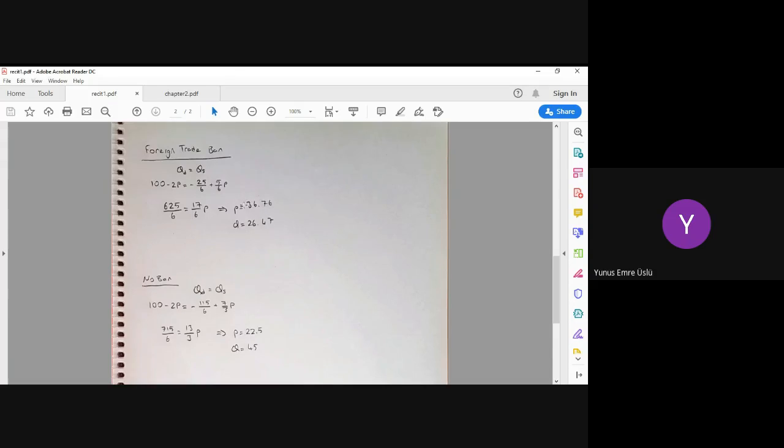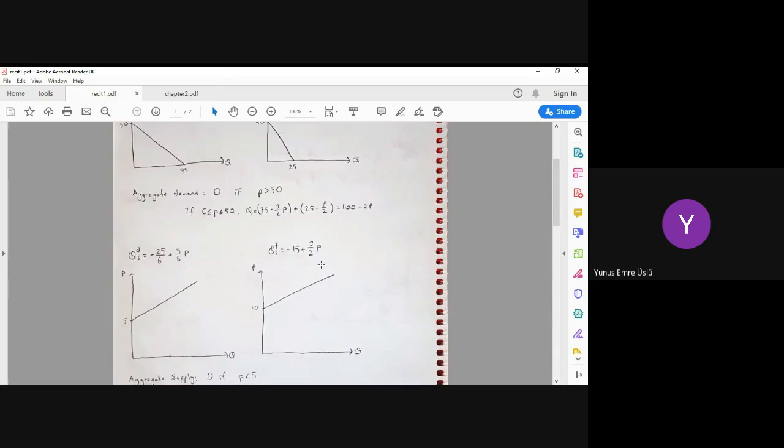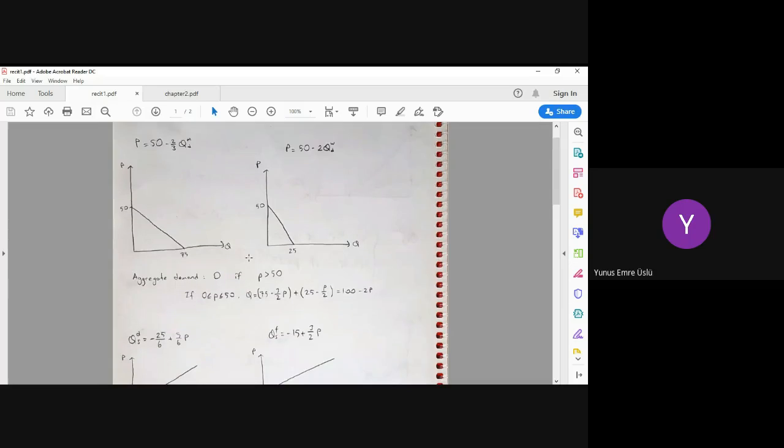And if we put this P in one of these equations, we will get the equilibrium quantity. It's 26.47. But there was a trick in our supply curve. So we need to check the price, 36.5 let's say for convenience.